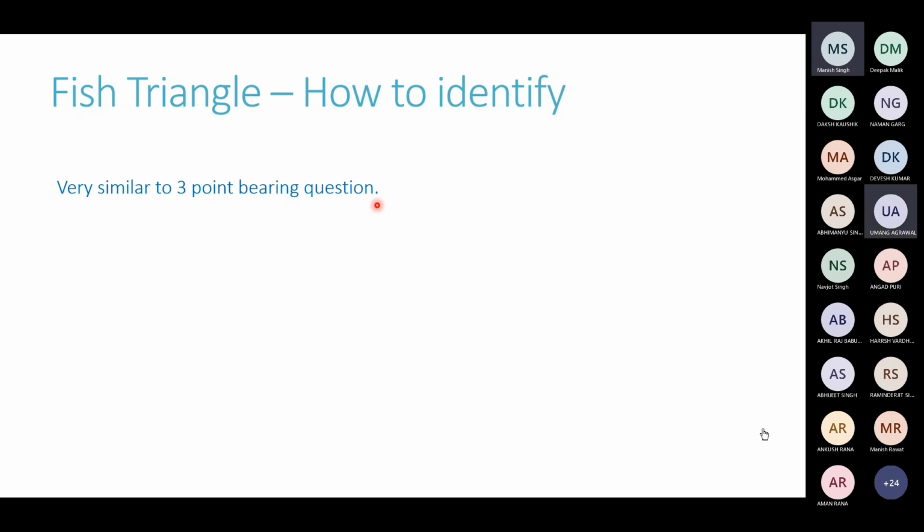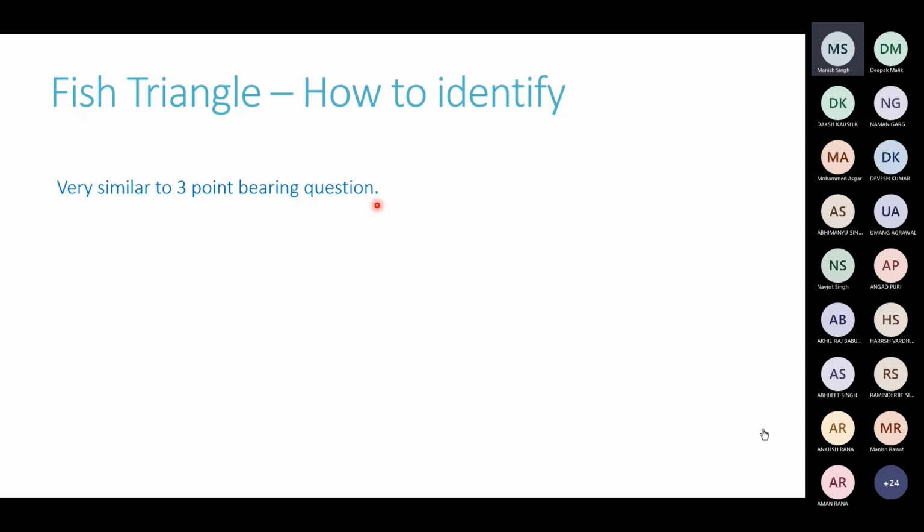In a 3-point bearing question, all the three bearings are given to us using a single reference point, a lighthouse or any other object. A single reference point is used for all the three bearings. However, in fish triangle, the three bearings are taken from either two different points or it could be three different points.